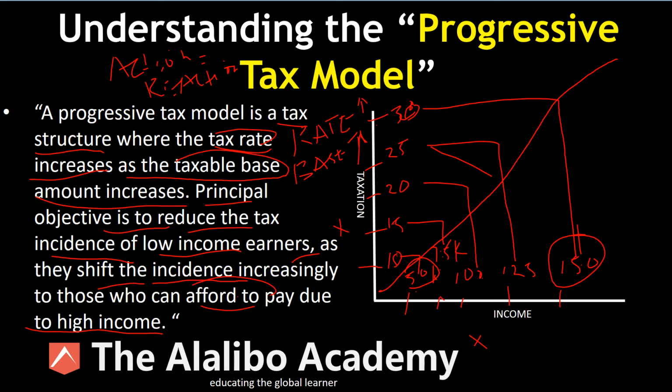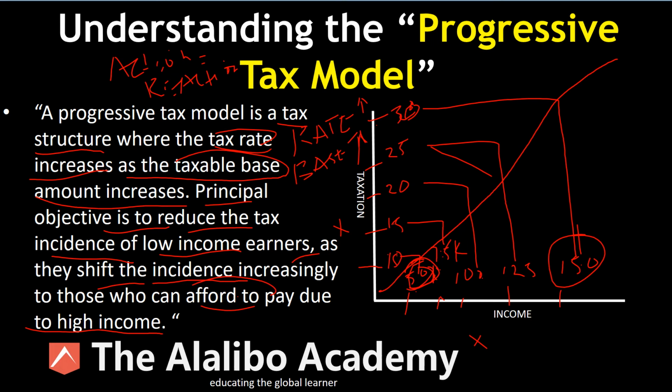So in other words, if you're making 150K, you don't pay 30% straight up. You pay 10% on the first 50, then the 25,000 between the 50K and the 75K is taxed at 15%. The other 25,000 between 75K and 100K is taxed at 20%, and so on. That's the way it works. That's the progressive tax model.